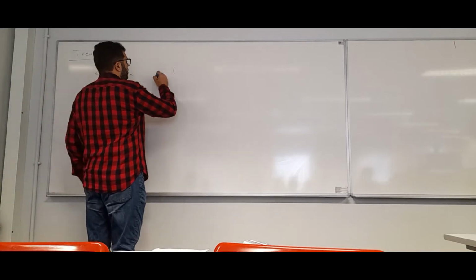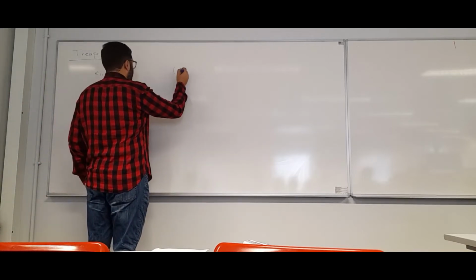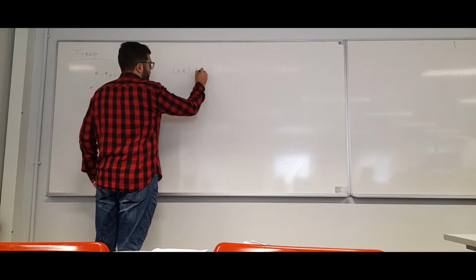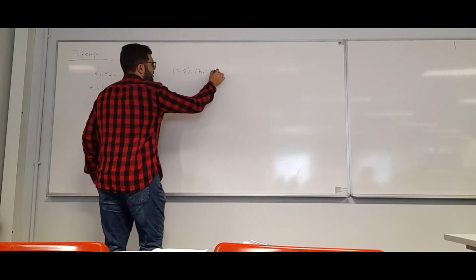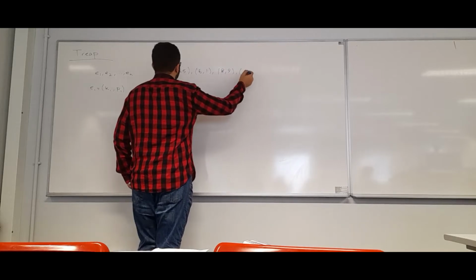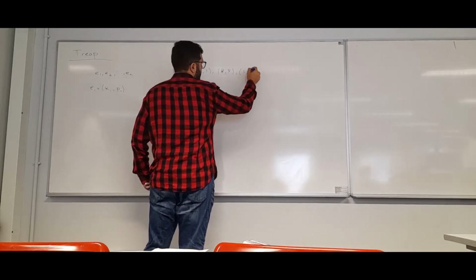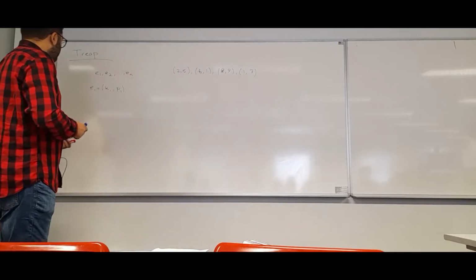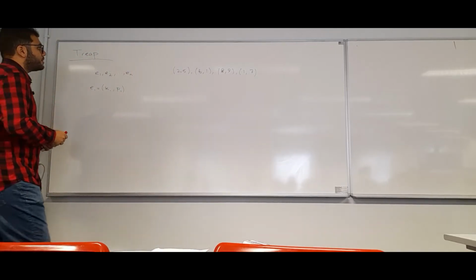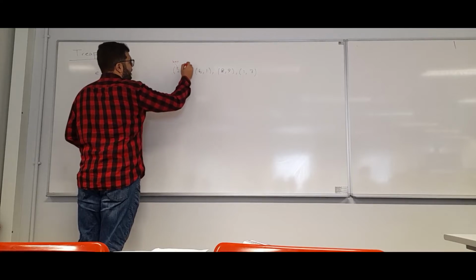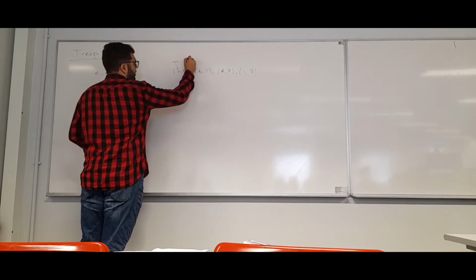So let's say my elements are (2, 5), (6, 1), (8, 9), and (1, 7). Okay. So the first part is always the key, and the second part is the priority.